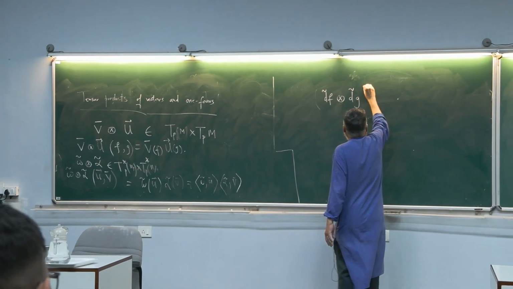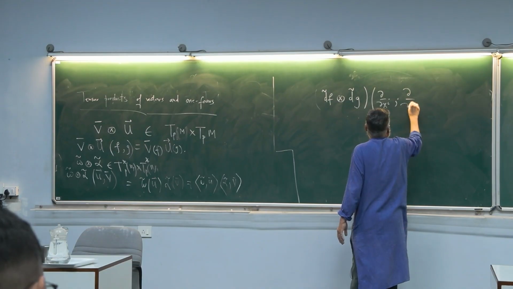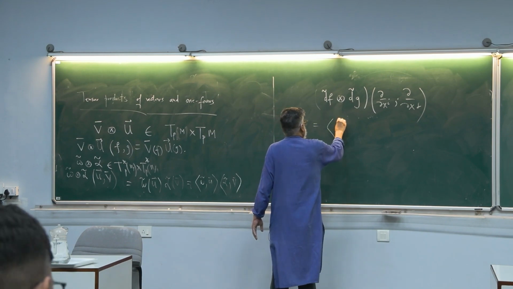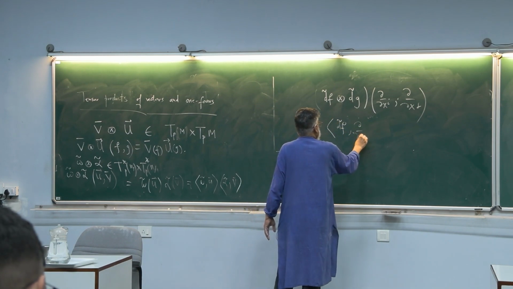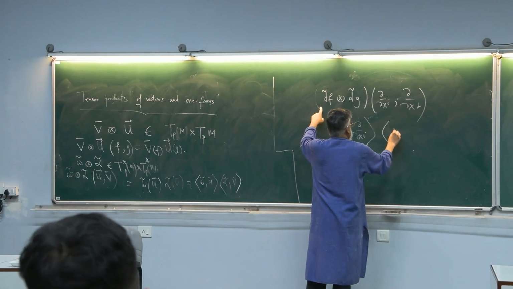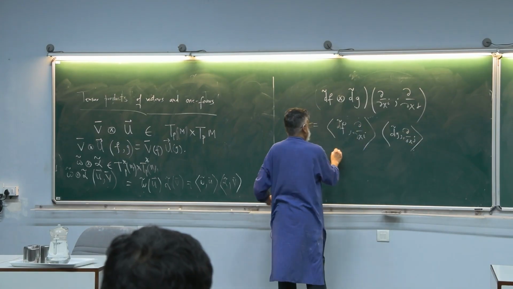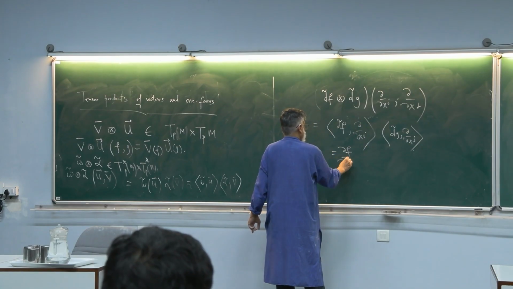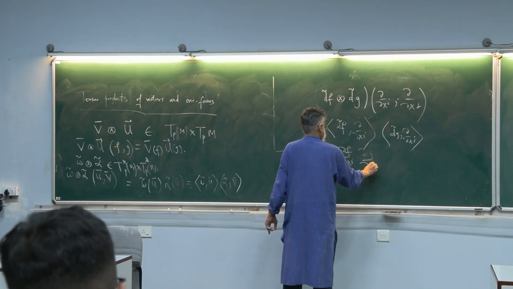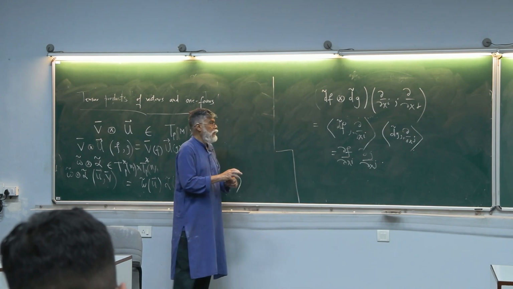If it acts on ∂/∂xi and ∂/∂xj, then you get simply df(∂/∂xi) multiplied by dg(∂/∂xj), because this will act on this and this will act on this, which is the same as ∂f/∂xi ∂g/∂xj. All right.